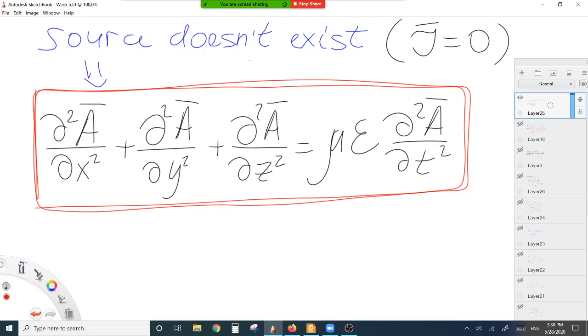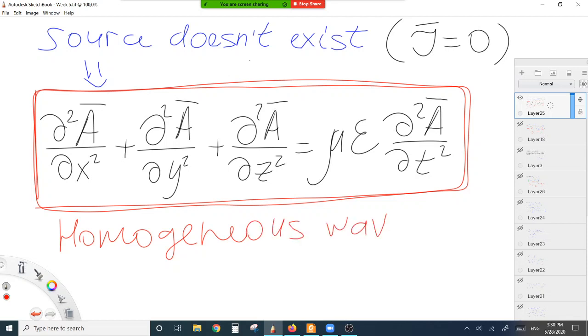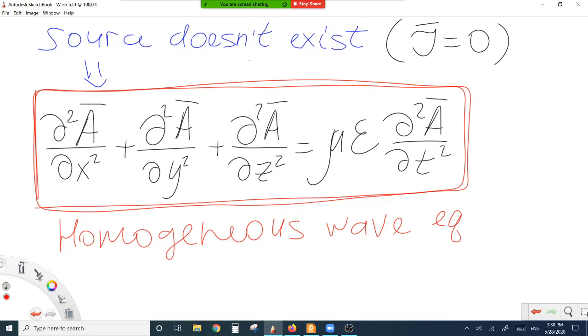And this is called the homogeneous wave equation for the magnetic vector potential.